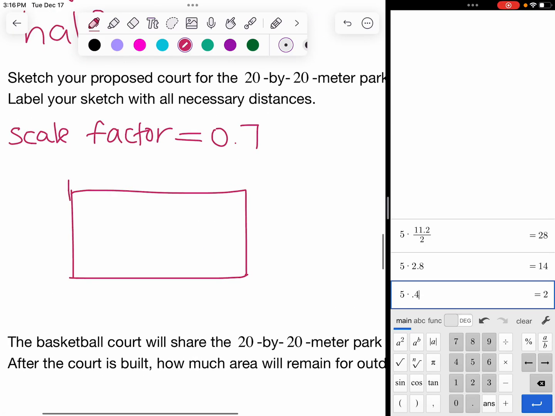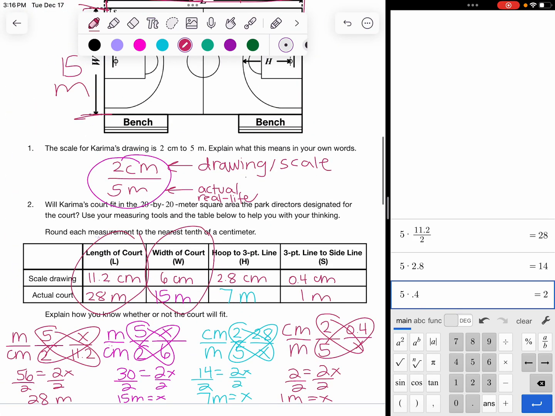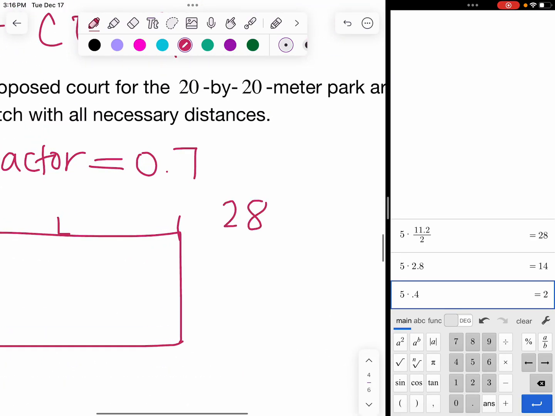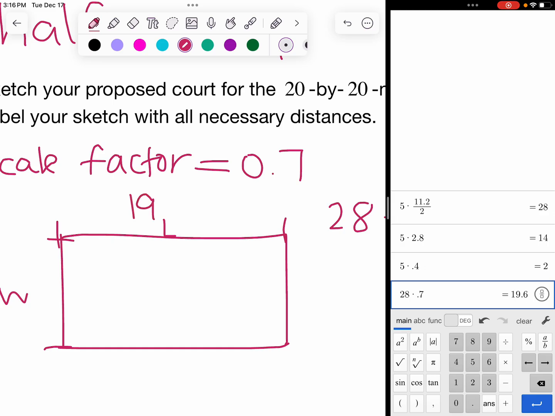This is my length, and this is my width. We need to go back up to our top, where we said our length was 28. I need to take 28 times 0.7. When we do that, we get 19.6 for our length. That would fit because remember, it has to be under 20.